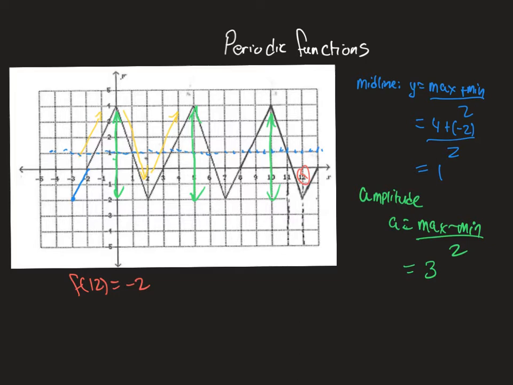My minimums happen every 5 points as well. It started at 2, then went to 7. Well, 2 plus 5 is 7. 7 plus 5 is 12. So that would be my next minimum, and so on and so forth.